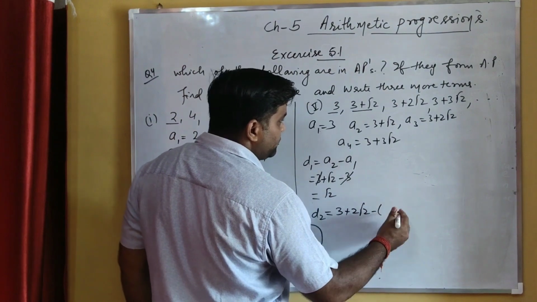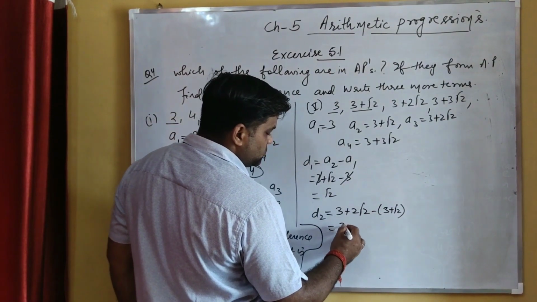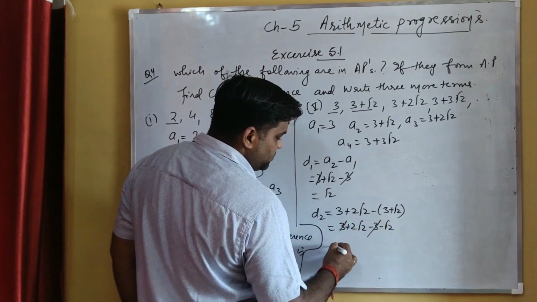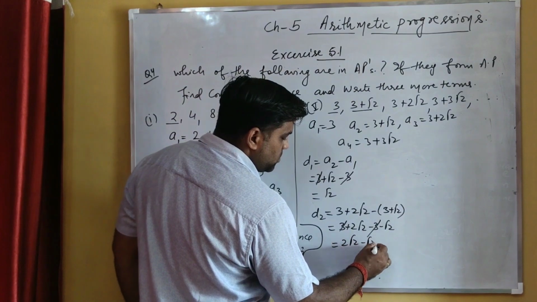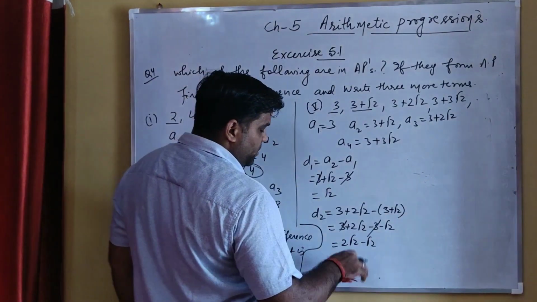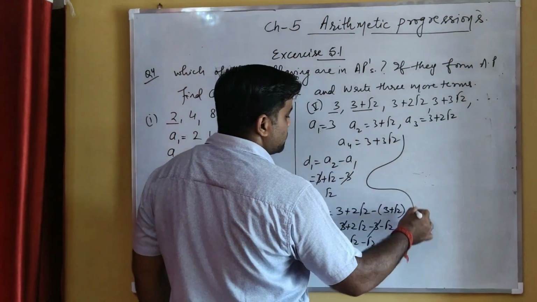On solving, the 3 cancels out. The roots are like terms, so we can subtract them. So we get root 2.